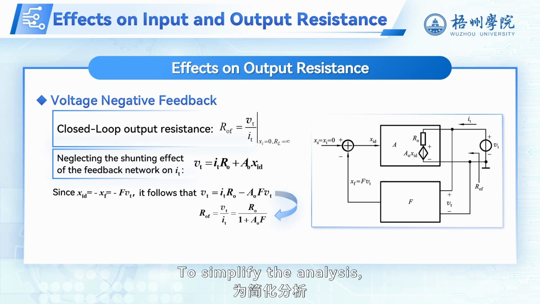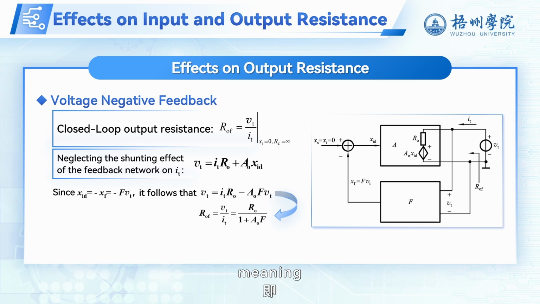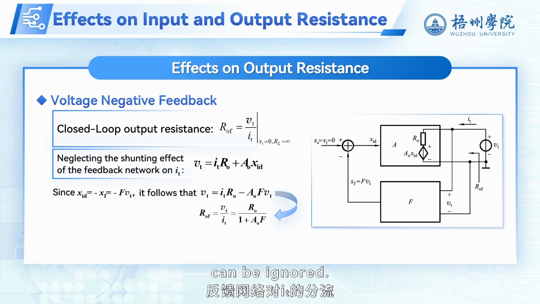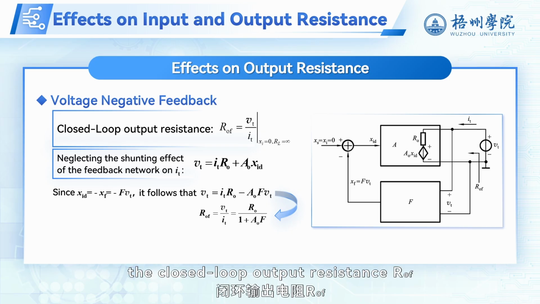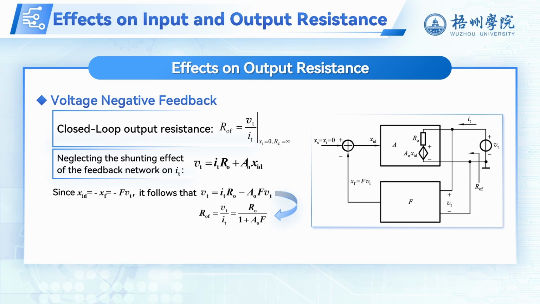To simplify the analysis, we assume the input resistance of the feedback network is extremely high, meaning the shunting effect of the feedback network on It can be ignored. Under this condition, the closed-loop output resistance ROF is equal to RO divided by 1 plus AOF.